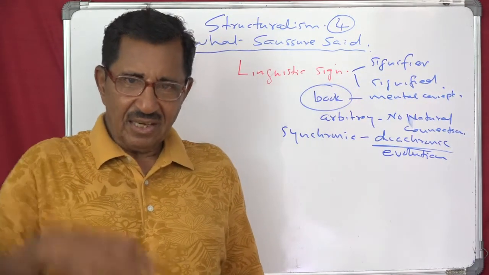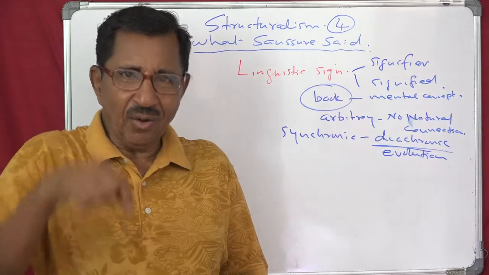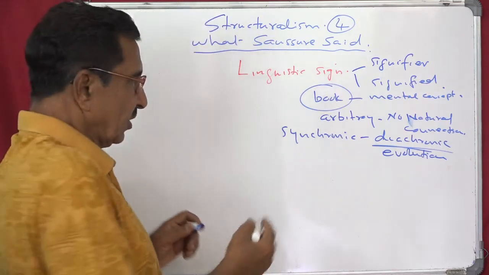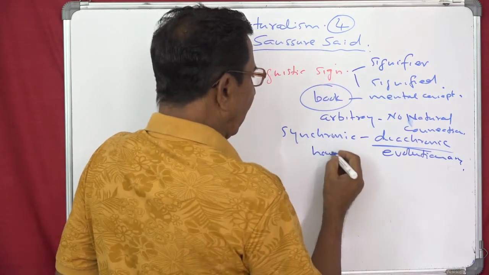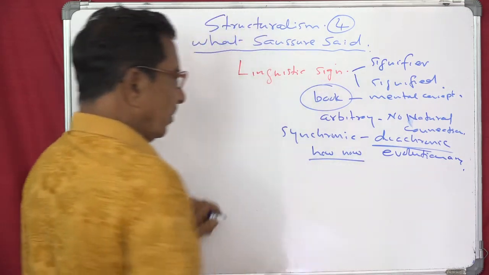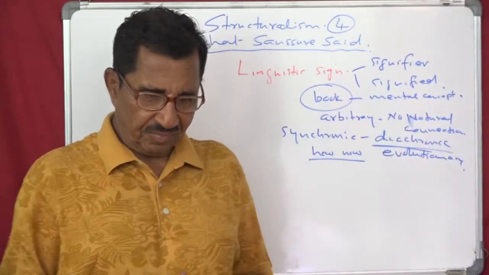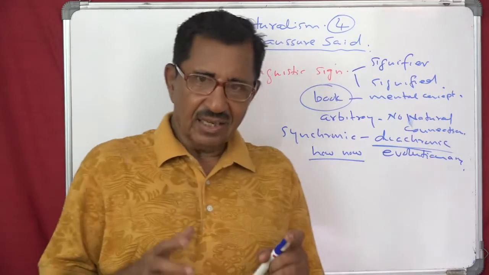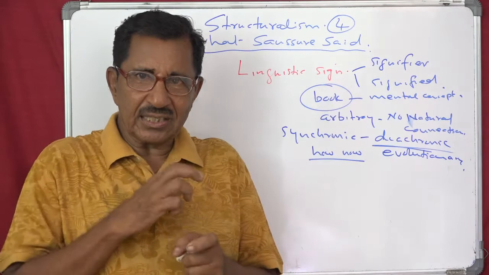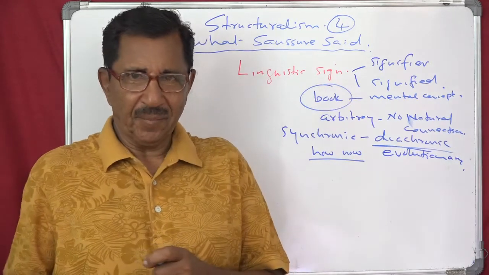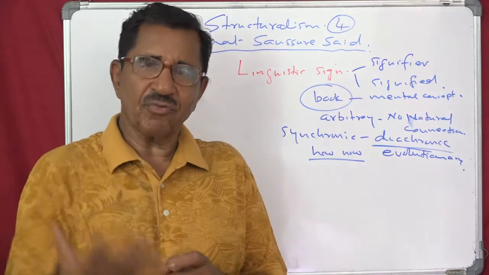Synchronic study means how a particular language works now. So this is evolutionary, and this is how now. How does it work now? What is the present situation? Sync means together, synchrono, with time, the given time. In the given time, how the language works.